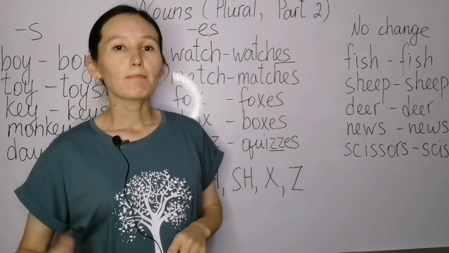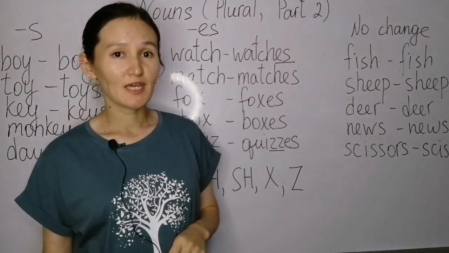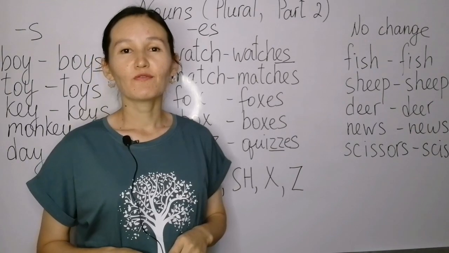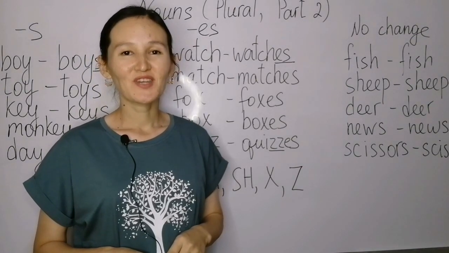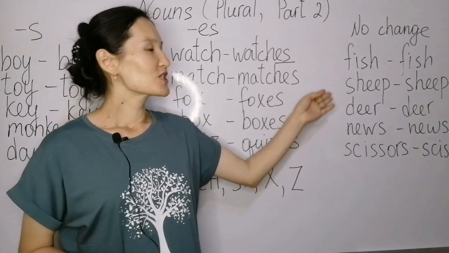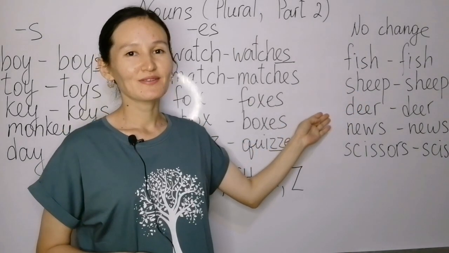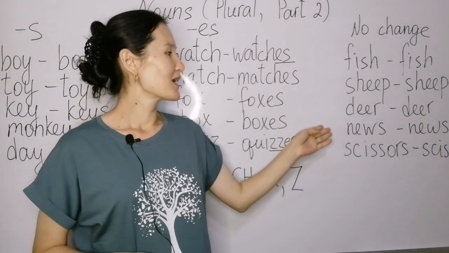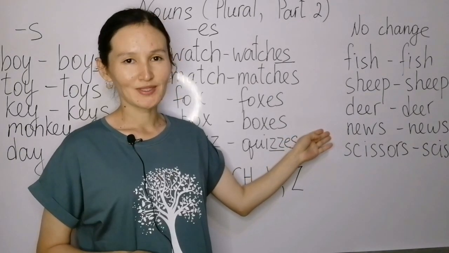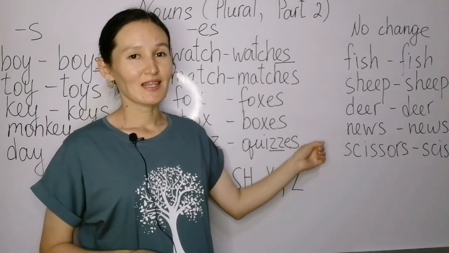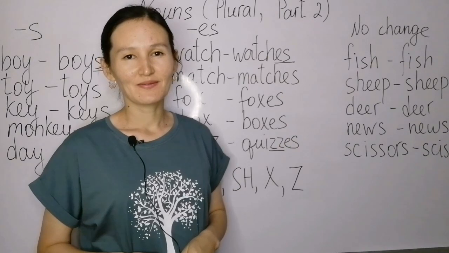But if there are different types of fish, we say fishes. Sheep, sheep. Deer, deer. News, news. And the last one is scissors.